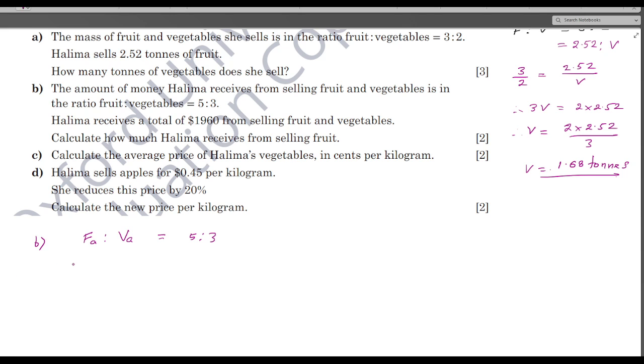So here from selling fruit, FA will be equal to the portion of F out of 5 plus 3, 8.